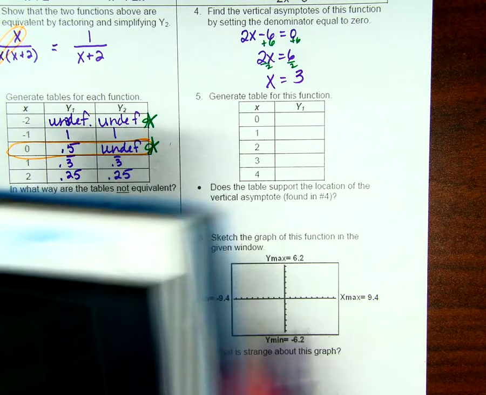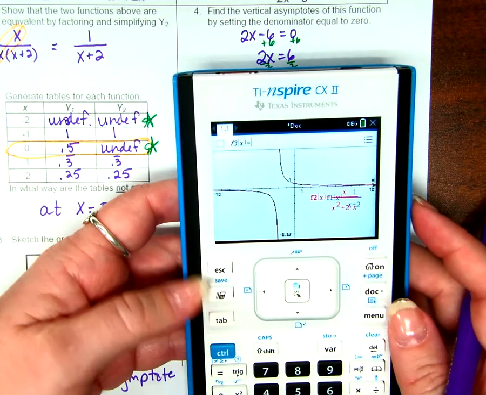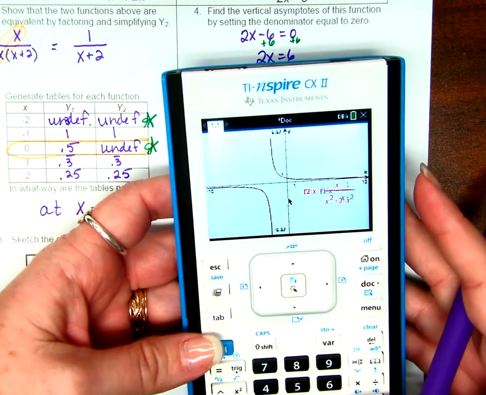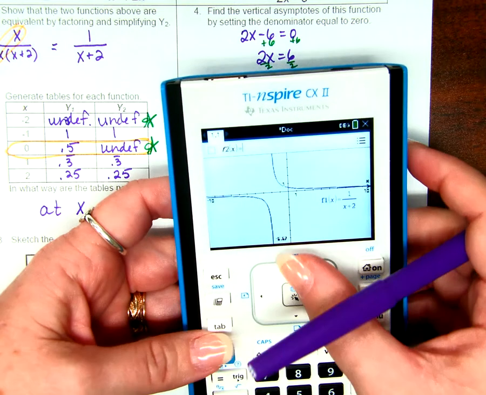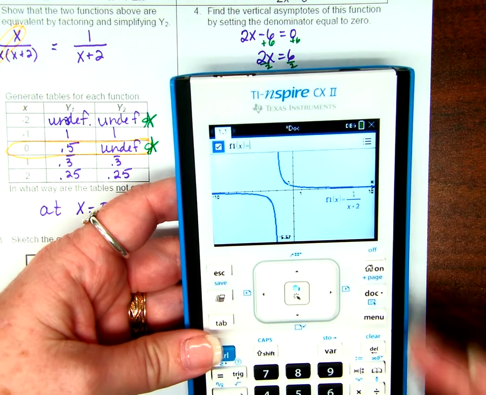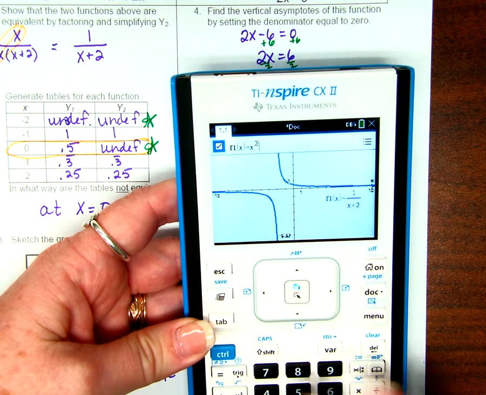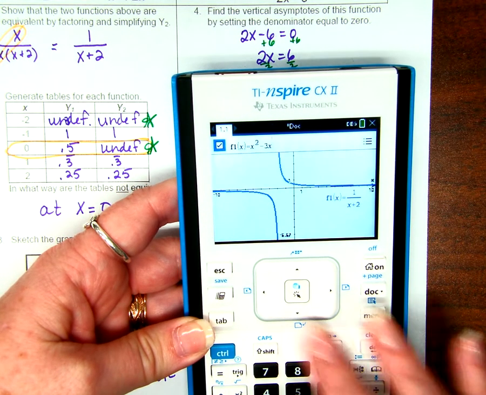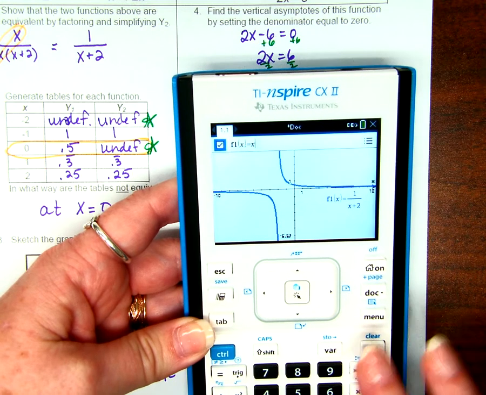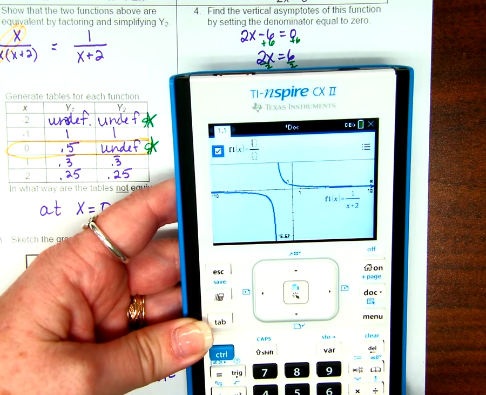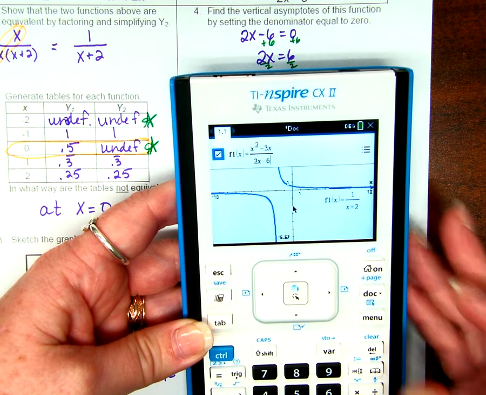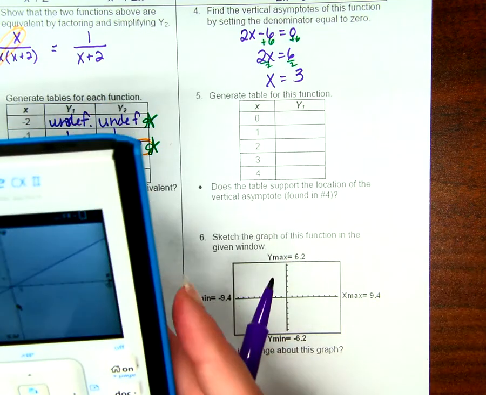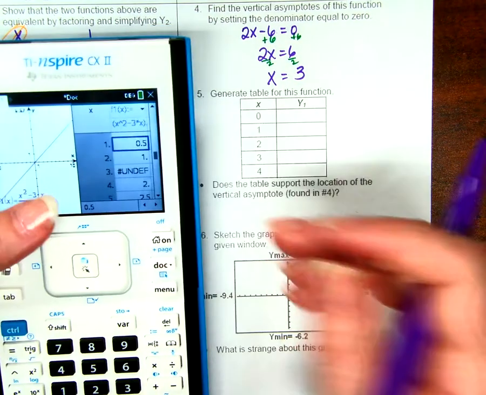Generate a table for this function. X squared minus 3x over 2x minus 6. Control T. So 0.